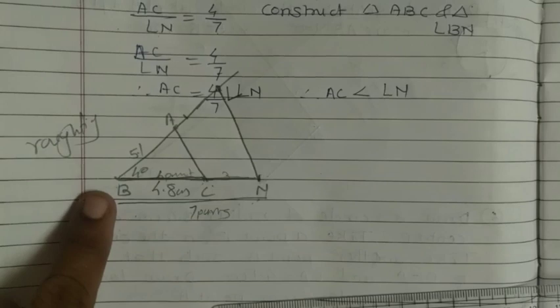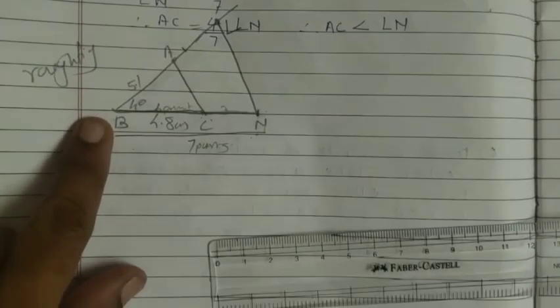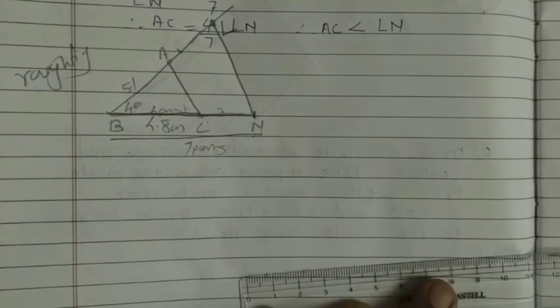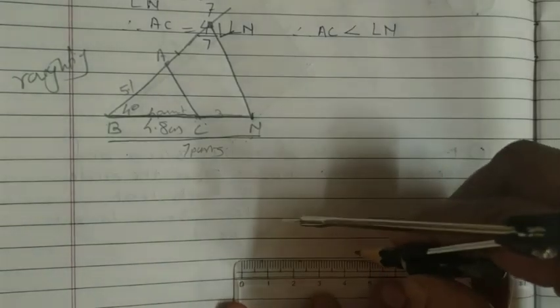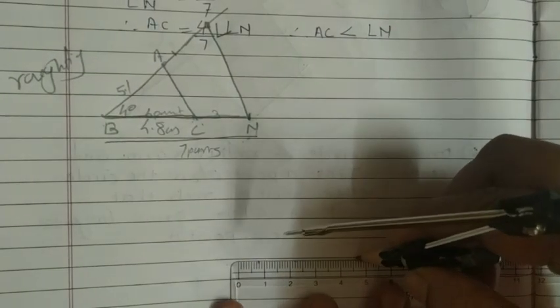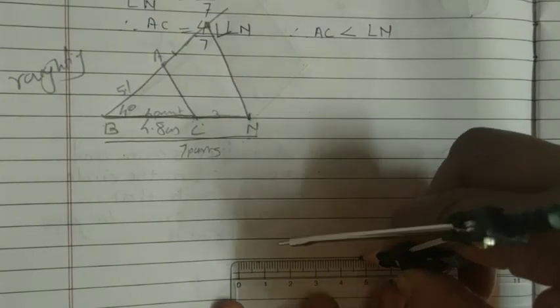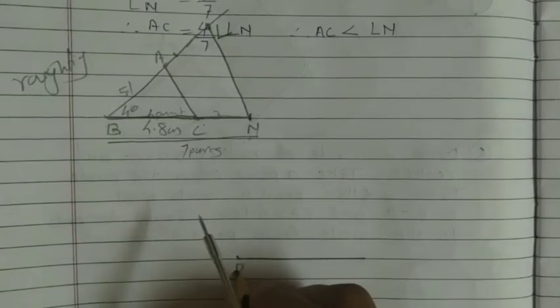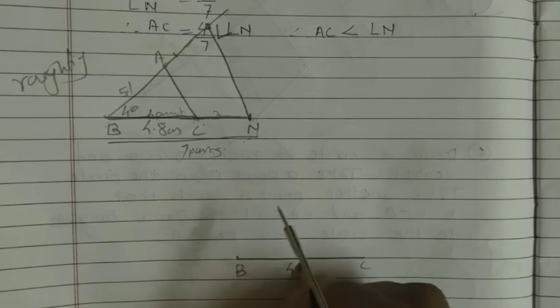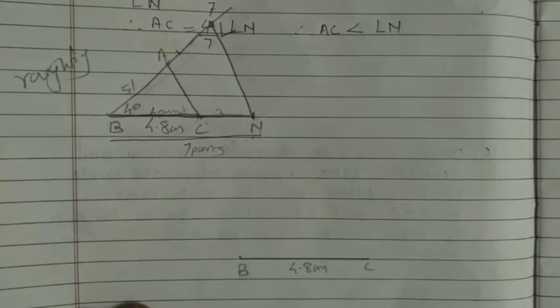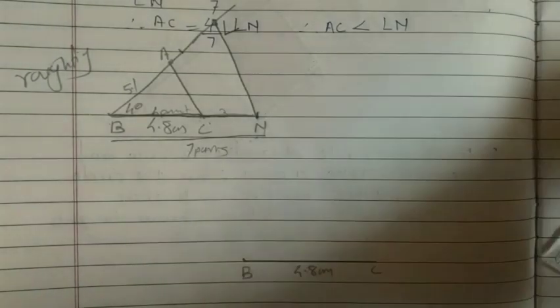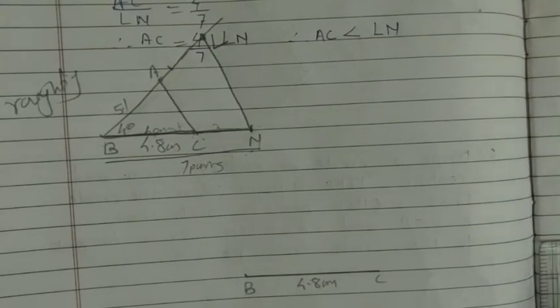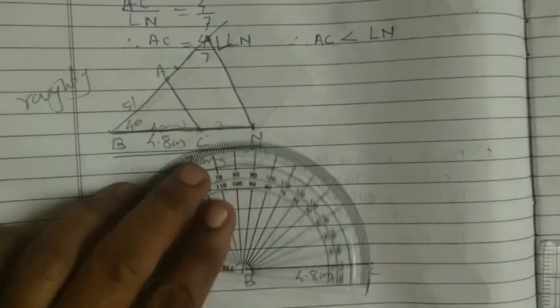For that, first we construct triangle ABC. This is the triangle ABC. BC is 4.8. Here we construct that BC as 4.8 centimeters. After that we are measuring angle B as 40 degrees.